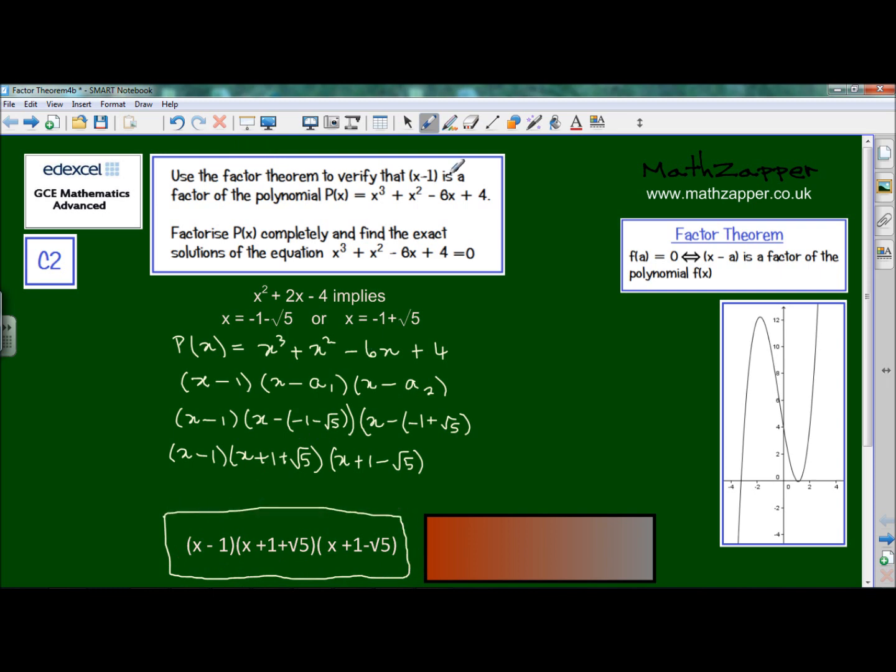But on the right hand side you'll see that there's a graph of the polynomial. Let's change the colour of the pen to blue. You'll see that this point here represents x equals minus 1 minus root 5.